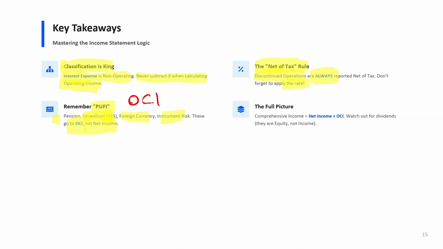The full picture of everything is the comprehensive income. How do we find this value? We basically sum net income plus other comprehensive income. Whenever we have a question about the comprehensive income, watch out for the dividends because dividends is a part of the equity. They are not part of the income.